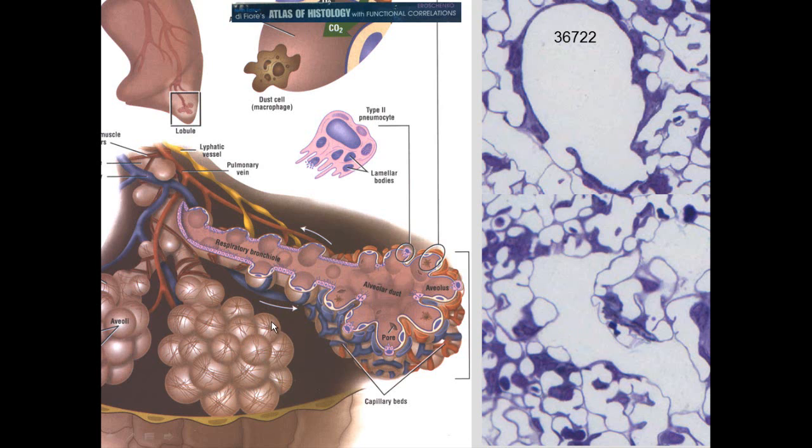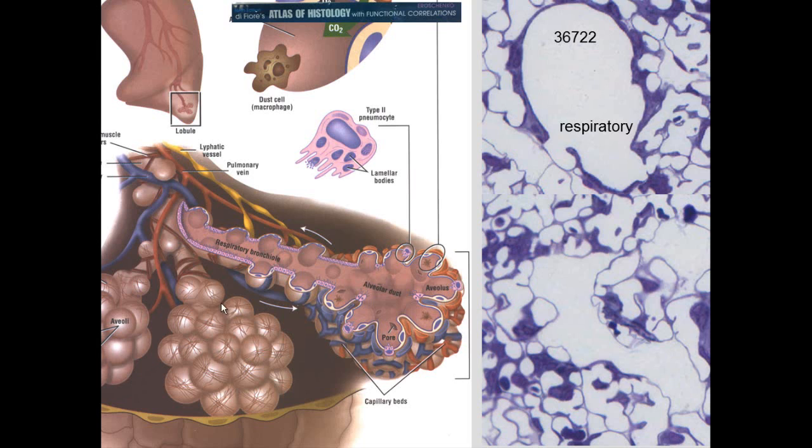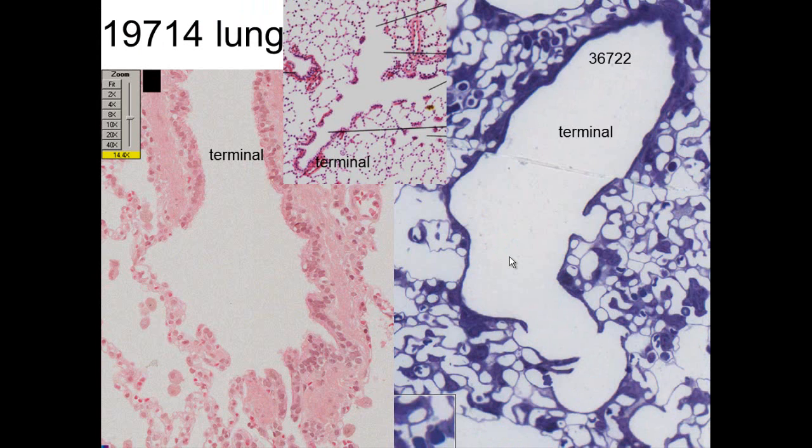Also note around each one of those we have elastic bands that help close down the lungs after they have expanded. And so here we can see a similar thing. We see respiratory bronchiole, alveolar duct, alveolus, and these are alveoli with blood vessels in the wall.